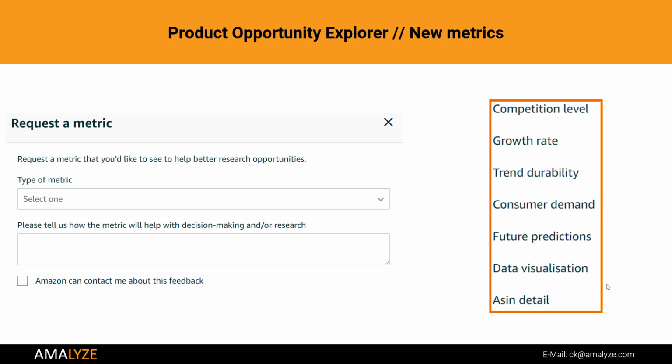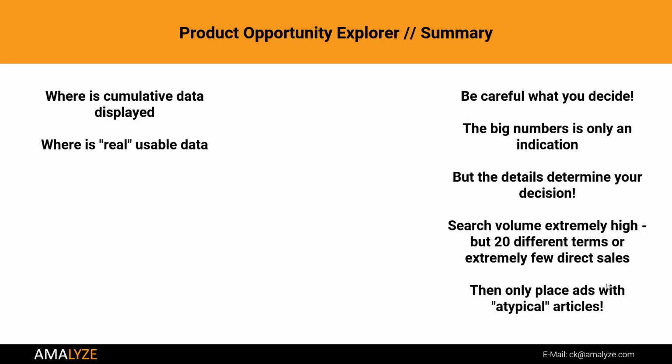Let's say we are looking at the data in January. That is okay. We will see Q4 data from last year. But if we are in summer of 2022 and we want to look at Q4, we will not find any data. You can ask for that, and you can find more and more data if Amazon opens up their little data safe. So last but not least, a short summary.